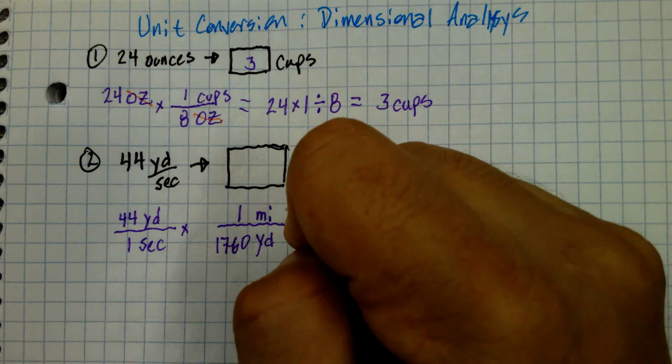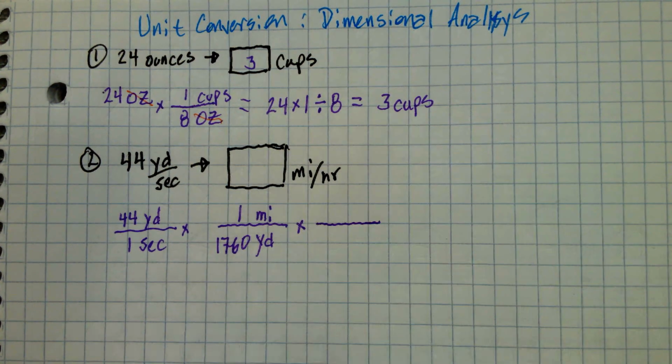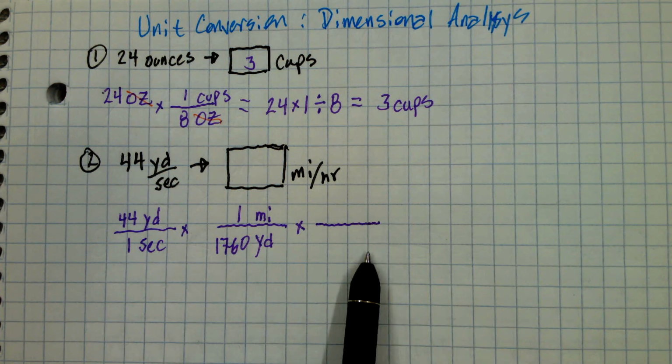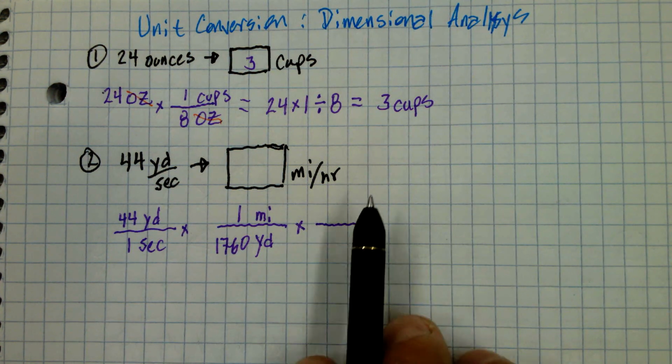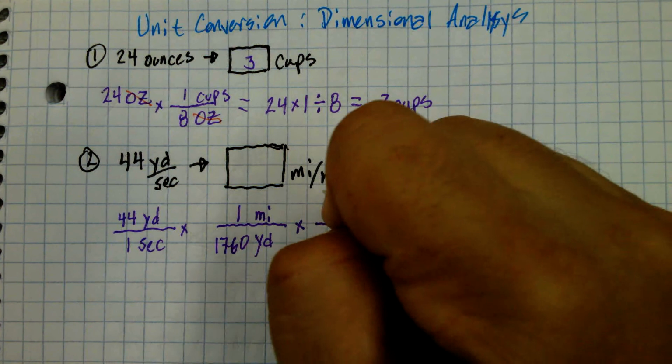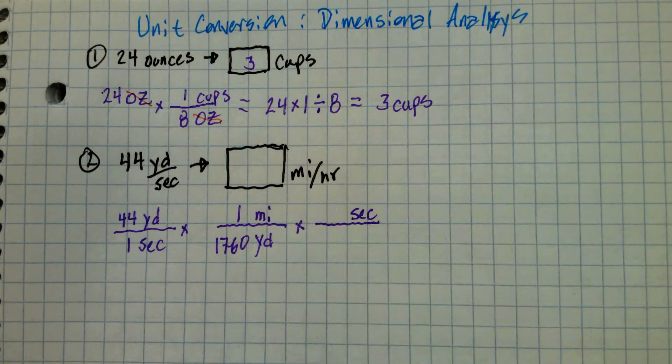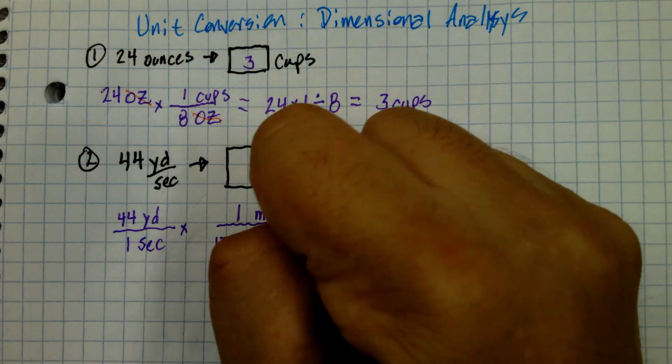Okay? So, seconds. Where do we need seconds to cancel it out? Numerator. Because that will cancel here. All right? And Billy, can you remind us how much that conversion is? 3,600 seconds per hour.